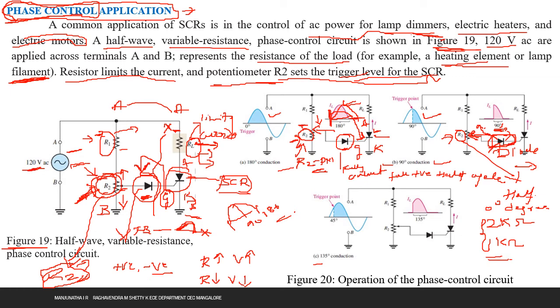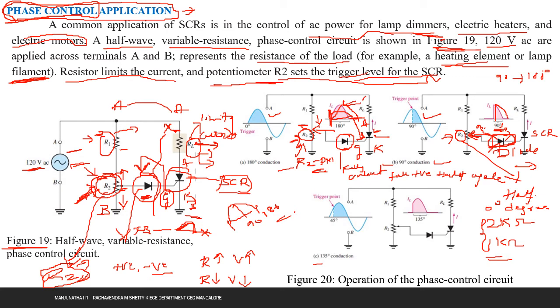So we start giving the trigger pulses to the SCR from the 90 degree position, which means the SCR is going to conduct from 90 degree to 180 degree.